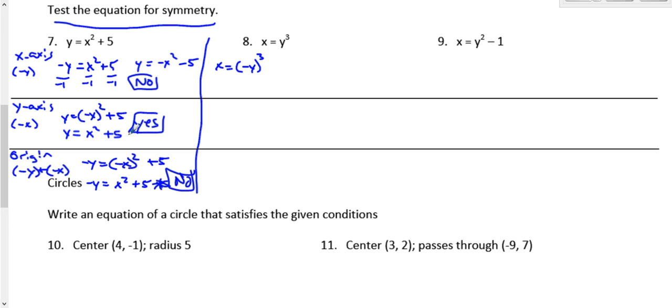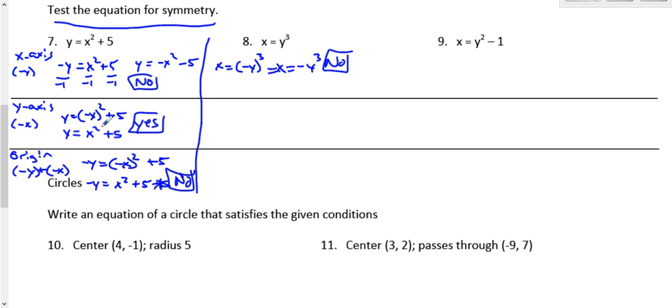Well, if you take a negative number and cube it, you still have a negative number. But if we plug in a positive number, that stays positive. So there's no way to get rid of that negative. So this is going to just be the negative value of y cubed, which is not what we want because we can't get rid of that negative. So there is no symmetry with respect to the x-axis.